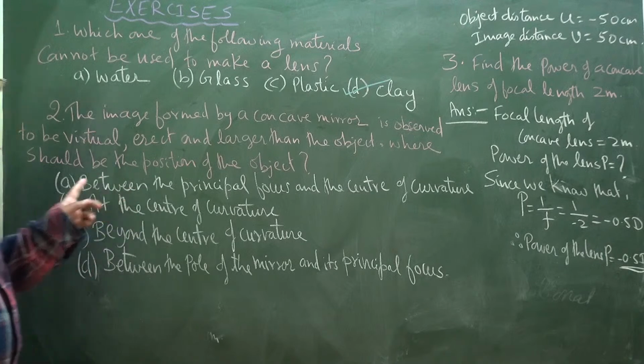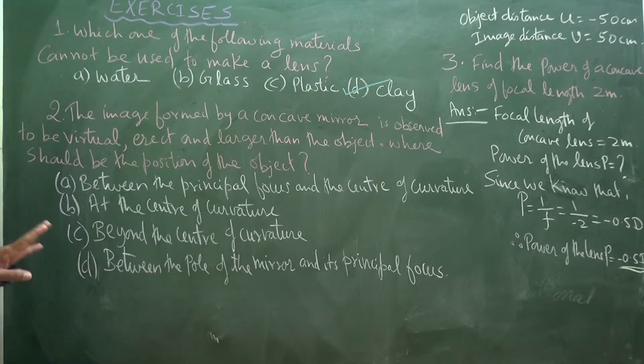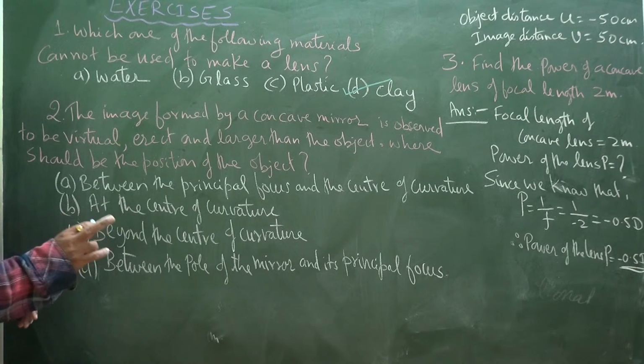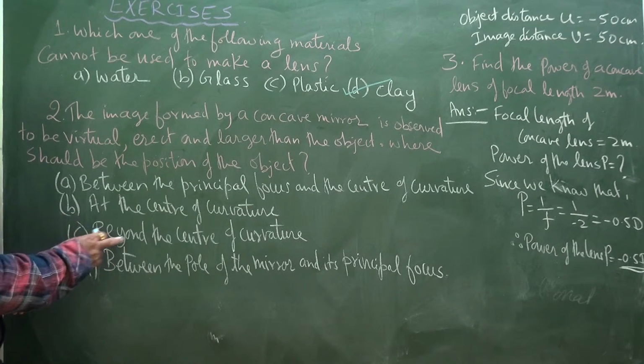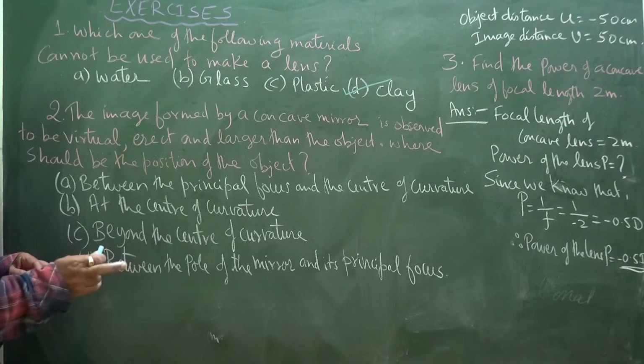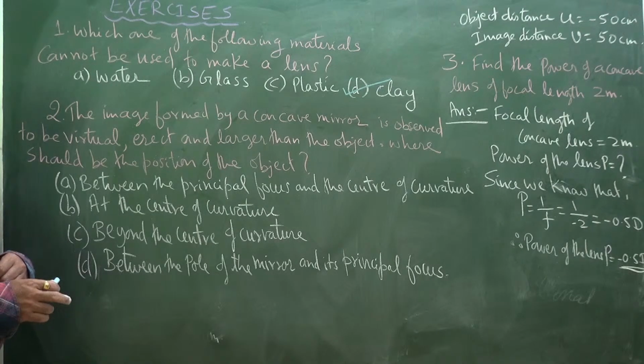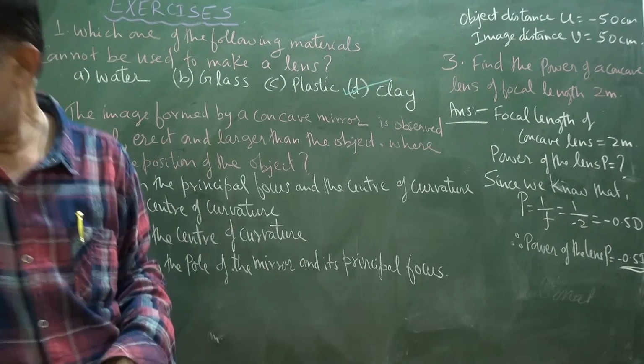Between the principal focus and the center of curvature? No. At the center of curvature? No. Beyond the center of curvature? No. Between the pole of the mirror and the principal focus. Between P and F. So this is the correct option. D, mark D. Okay, sir.